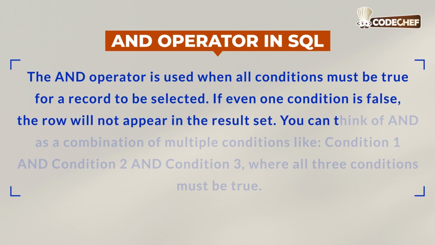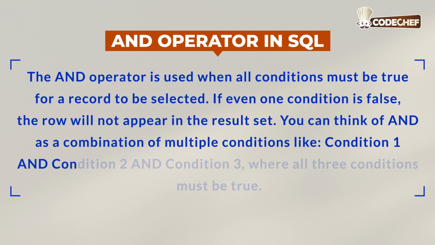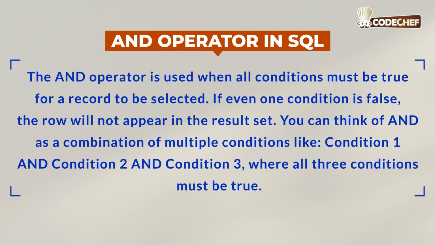You can think of AND as a combination of multiple conditions like condition 1 and condition 2 and condition 3, where all 3 conditions must be true. So here this AND operator is just like the logical AND, where we are combining multiple conditions together and we will get the output only when all those conditions which are a part of the equation are true.